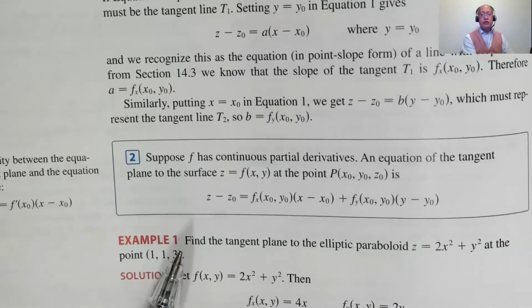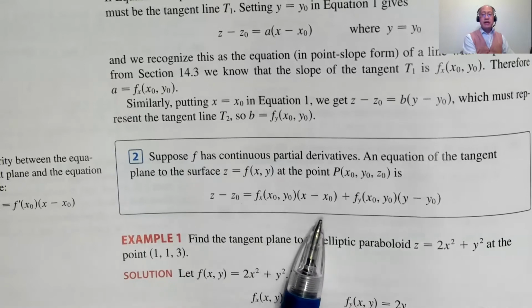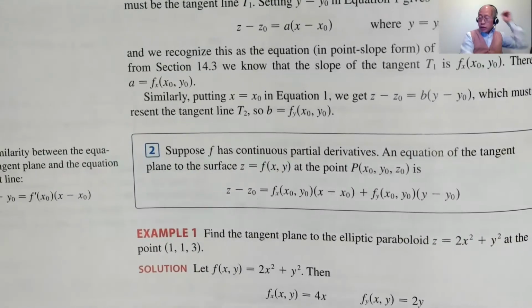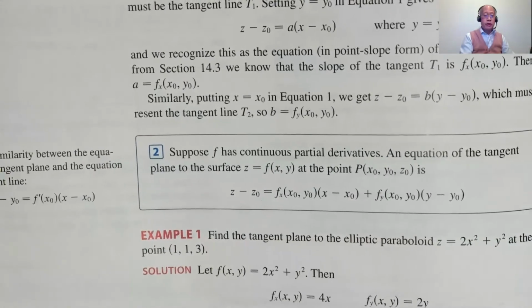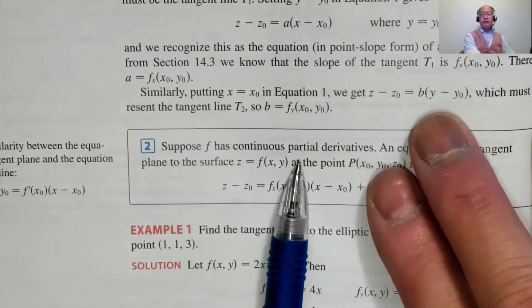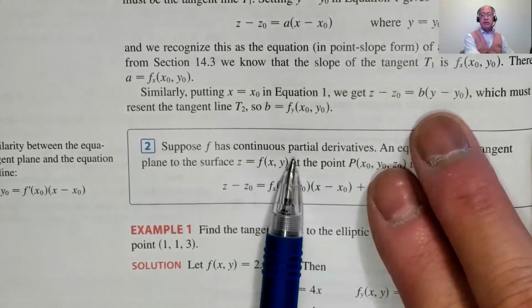So here's what you want to put on your formula sheet. Z minus z0 equals fx, x minus x0 plus fy, y minus y0. x0, y0 just tells you to plug in that point. Okay, and it's very analogous if you just look at this. That's your point slope form, right? Remember from Calc 1, find the equation of the tangent to the curve, right? It was like y minus y1 equals the derivative times x minus x1.